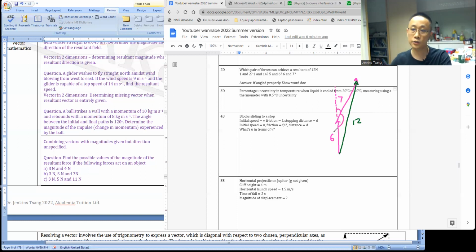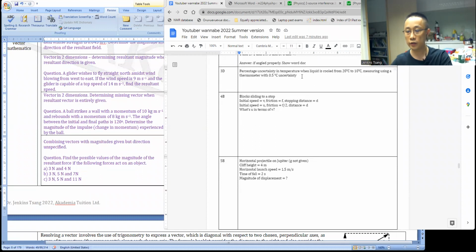But the use of sine and cosine rules is not part of the physics syllabus. Well, I guess you guys still need to know this for math, so you can practice figuring out the angle in preparation for your math papers. But for this particular question, it's enough to recognize that 6 and 7 would be the pair of forces that, when angled properly, can give you a resultant whose magnitude is 12. So the answer is D.